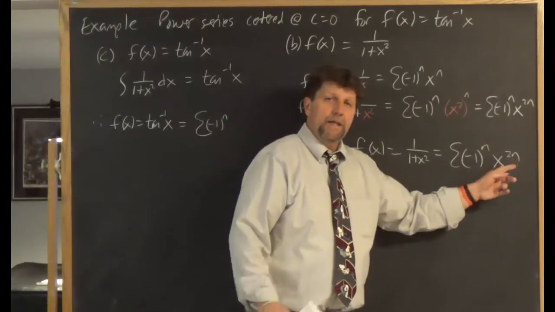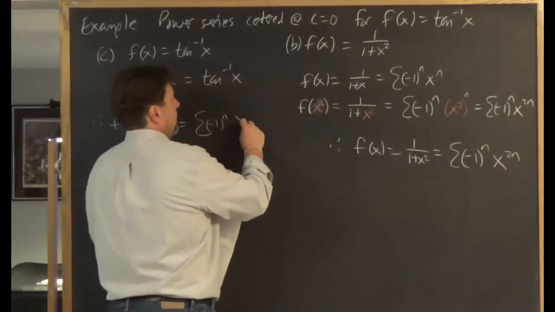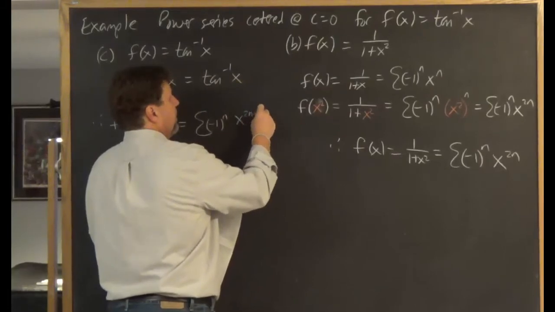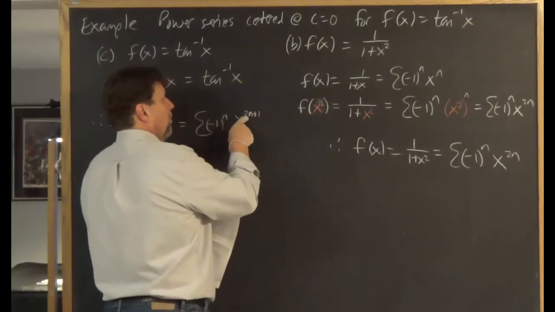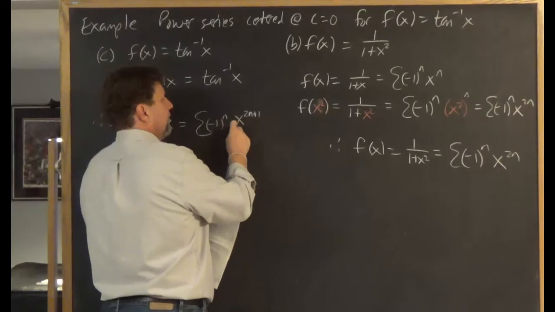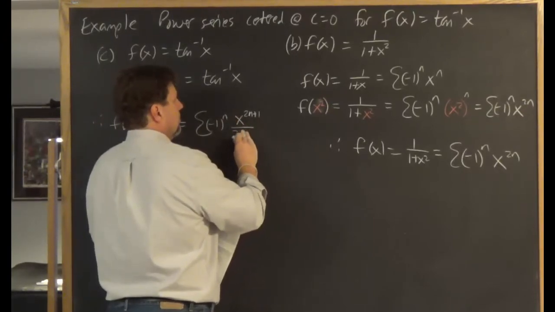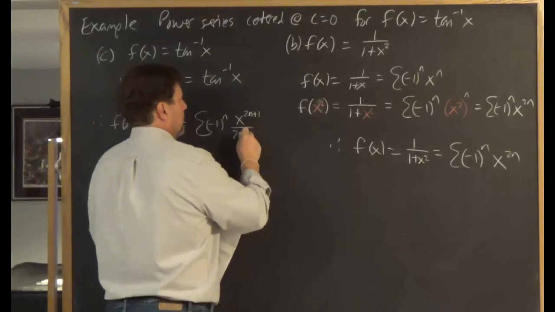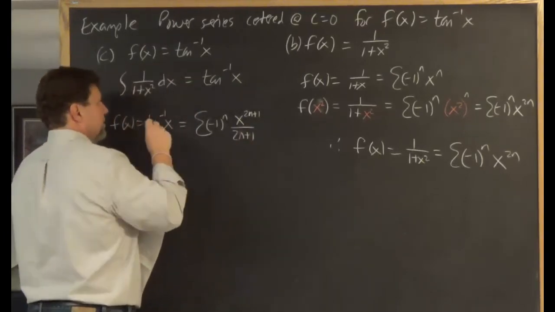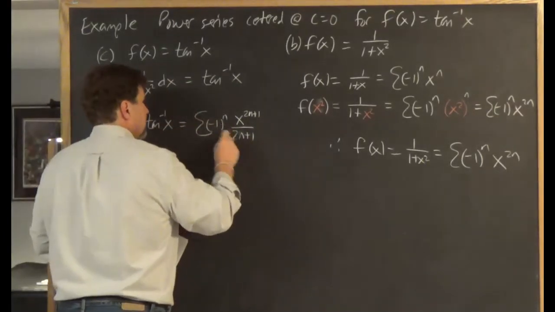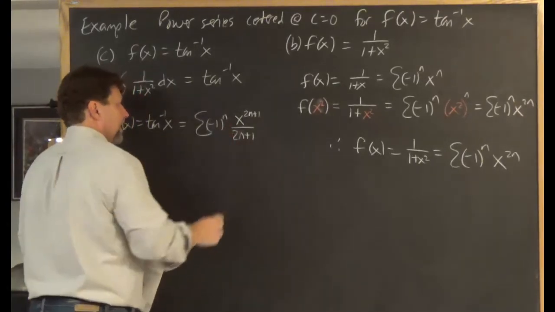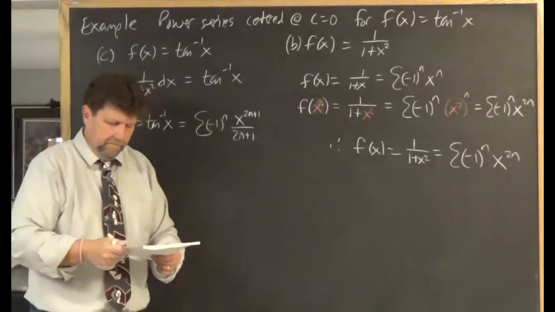So I add 1 to the exponent. It gives me x to the 2n plus 1. Then the reciprocal is out front. Inverse tangent, centered at 0, has that as a power series.